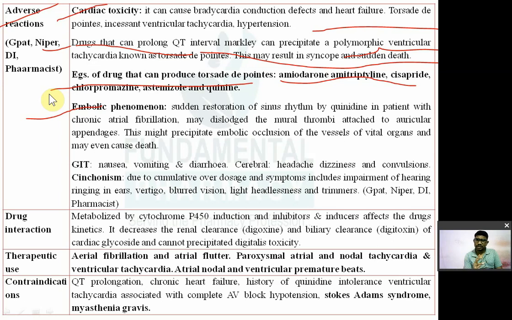This might precipitate embolic occlusion in the vessels of vital organs.